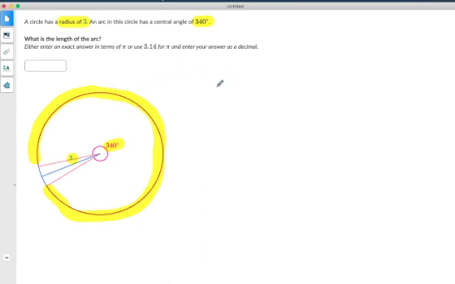So I'm just going to say the formula here is a proportion. If we knew the arc length divided by the circumference of the circle, that ratio, this far around to the whole distance around the circle, should equal the ratio of this angle divided by the whole circle.